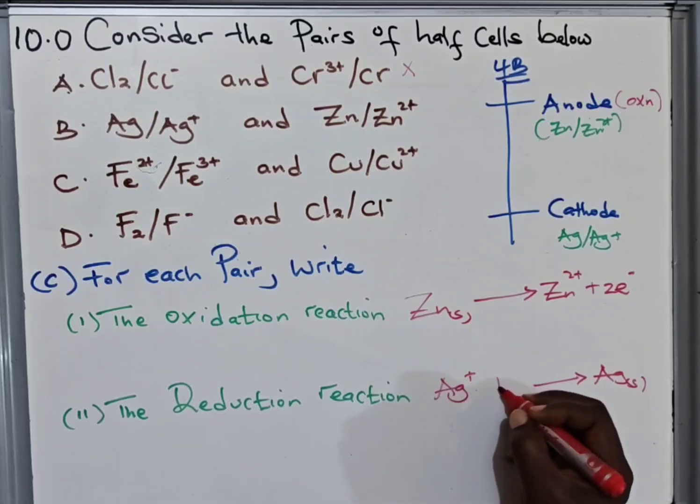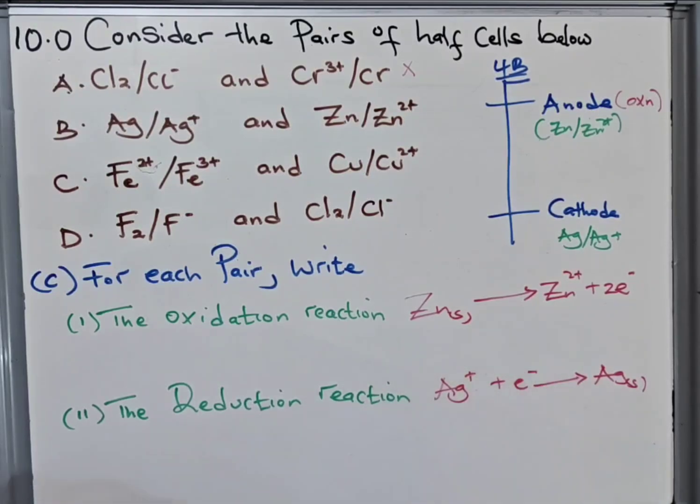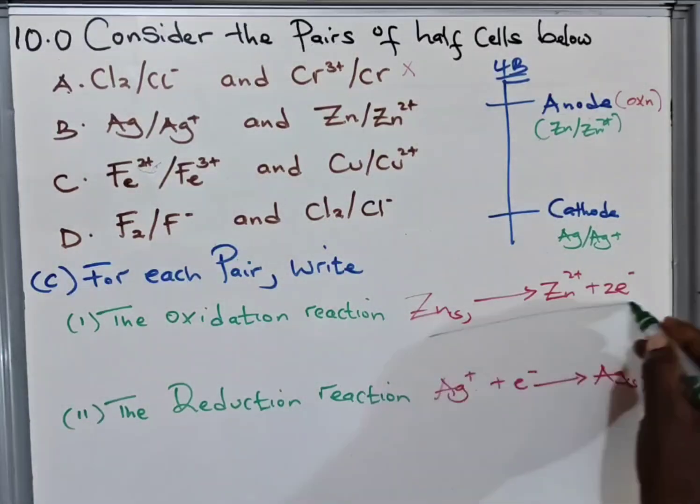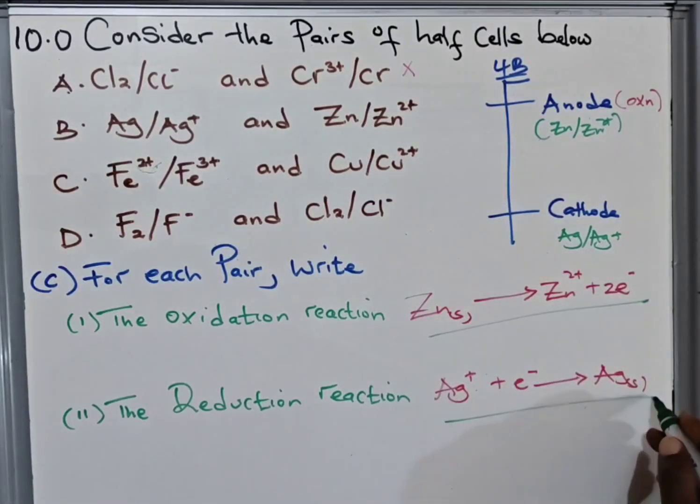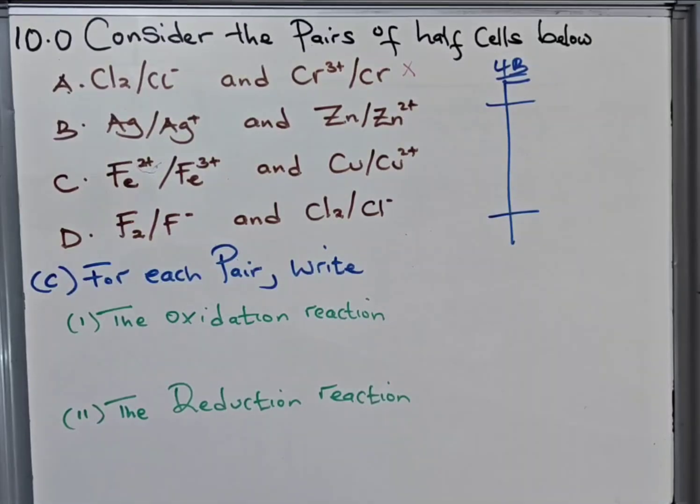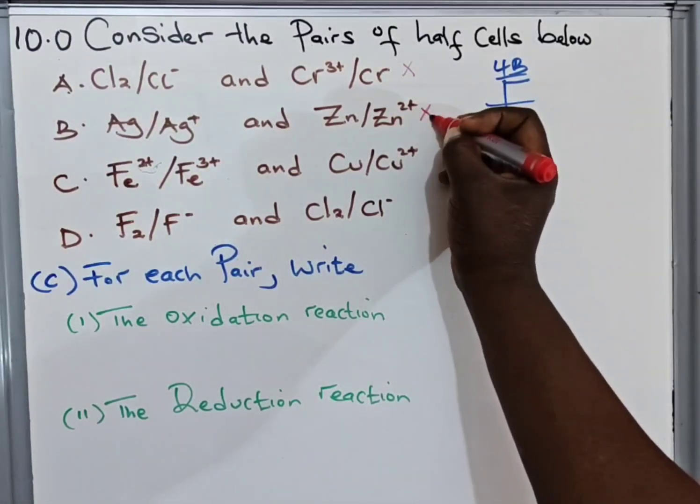And where do we put it? We put it here. Those are the half cell reactions. This one for oxidation and this one for reduction. Yeah. So this one is done.